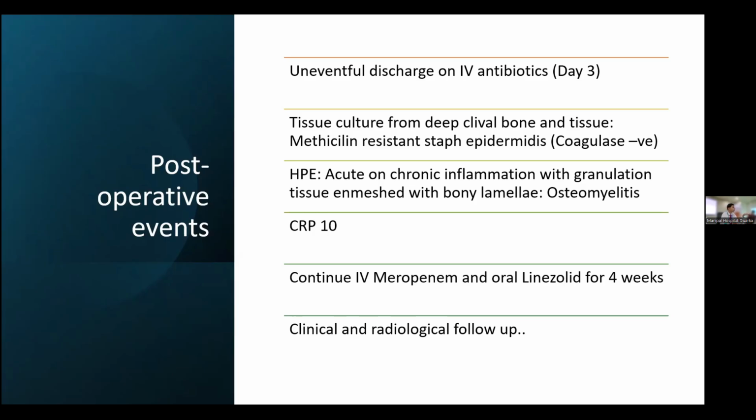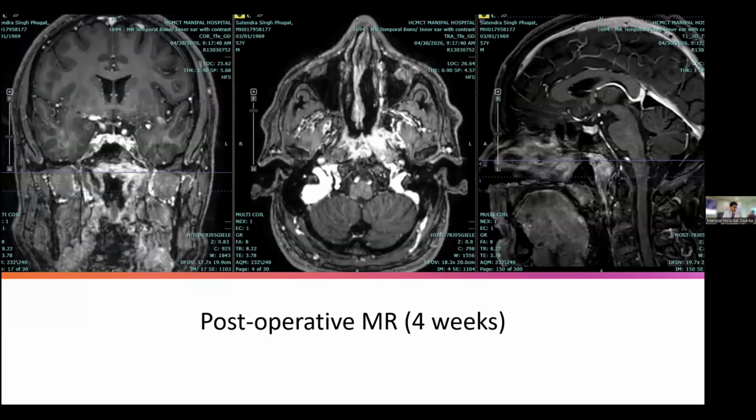So the next question is, how long would you give IV antibiotics to these patients on an ambulatory basis? We start with 2 weeks and reassess. Clinical response, maybe radiological, repeat MRI. Not an MRI every 2 weeks, clinical response every 2 weeks. Maybe MRI after 4 to 6 weeks. So what do you expect in the MRI after 4 to 6 weeks?